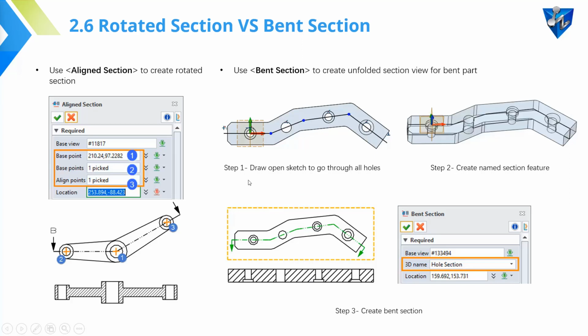Okay, the workflow is similar to the 3D named section view. Create an open profile, and then create the named section feature, and after that we create the corresponding section view.